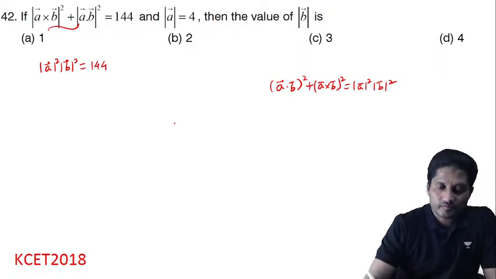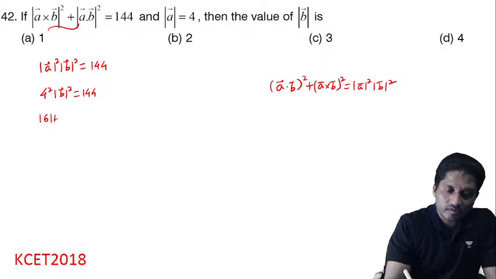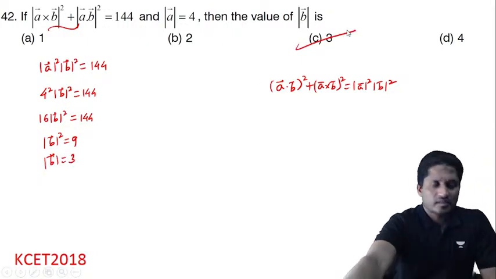Modulus of a is 4, right? So this is equal to 4 square into modulus of b the whole square equal to 144. 16 into mod b the whole square equal to 144. Mod b the whole square is equal to 9. Modulus of b is equal to 3. That's the answer. Answer is option C.